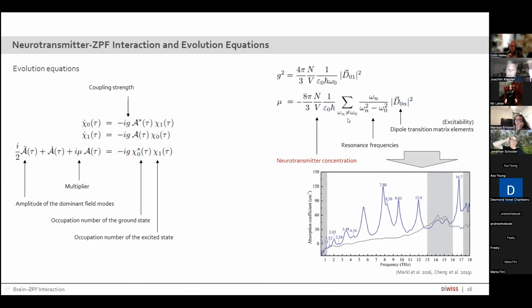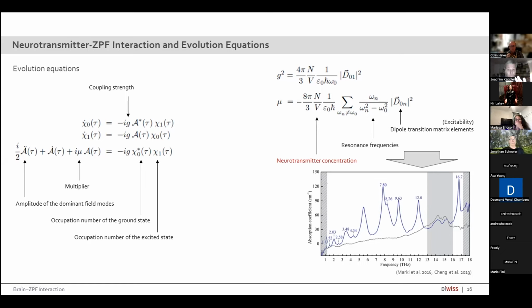So there is only one free control parameter in this whole game, and this is the neurotransmitter concentration. And once you know the concentration of glutamate, and once you know the initial conditions in the microcolumn, which we know, you can calculate the full dynamical evolution of the system.